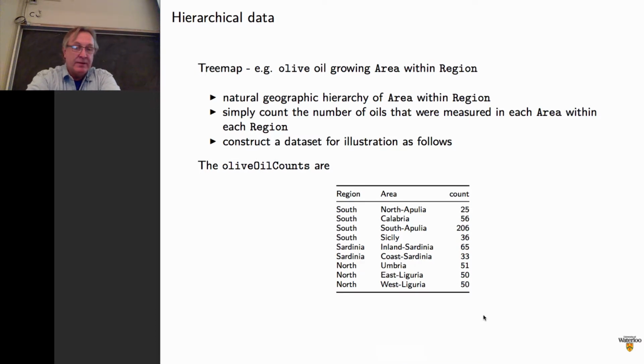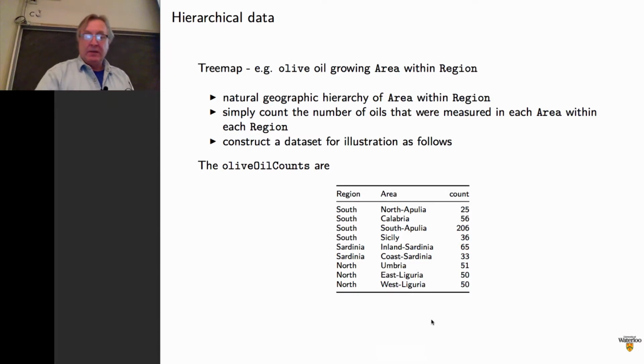So now you see that I've got 2 categorical variates, a region and an area. Region can only take these 3 values. Area can only take this many values, 1, 2, 3, 4, 5, 6, 7, 8, 9 values, if I counted those right. But these values can only appear matched with a certain region. North Apulia can only appear matched with the South region. It can't appear matched with Sardinia. It's not in Sardinia. So there's hierarchy there.